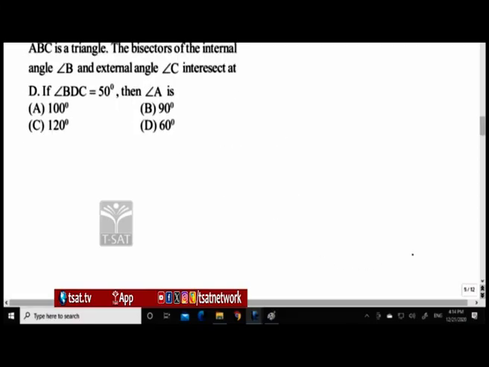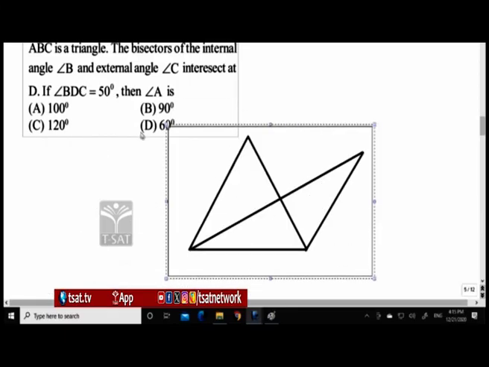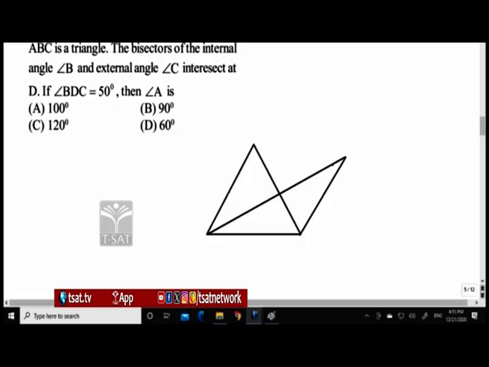Look at the next question. ABC is the triangle. The bisectors of the internal angle B and the external angle C intersect at D. In this triangle, one is an internal angular bisector and the other is an external angular bisector, and BDC is given as 50 degrees. Then find angle A. You can consider this figure, you are already familiar with this.